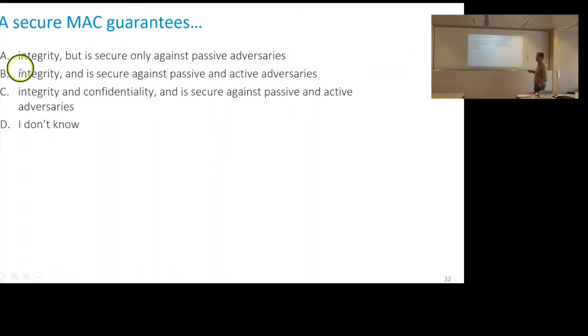Integrity means that it is practically impossible to forge collisions, to create a tag that would correspond to a message that you are the author of, instead of the legitimate message. It means it's secure against an active adversary. A passive adversary is one that is just listening to and observing everything.